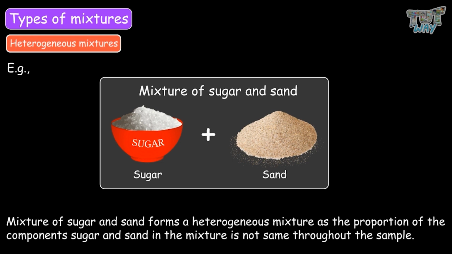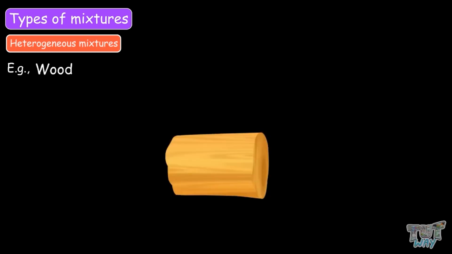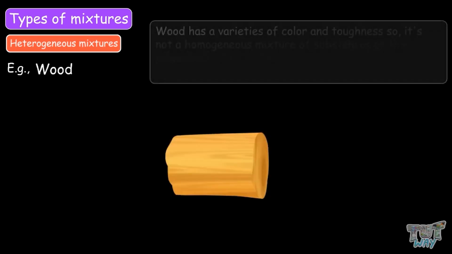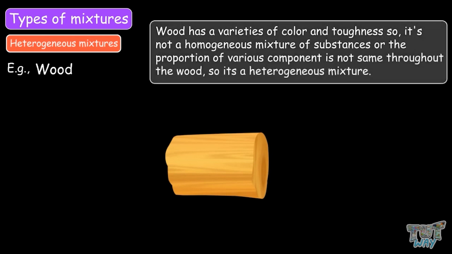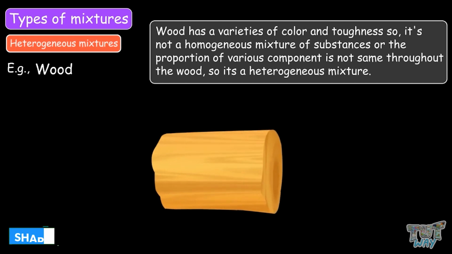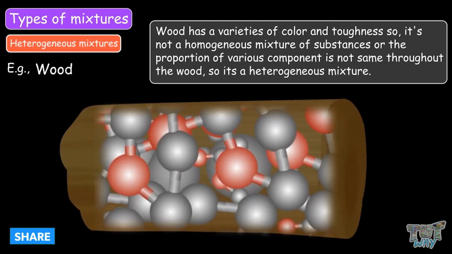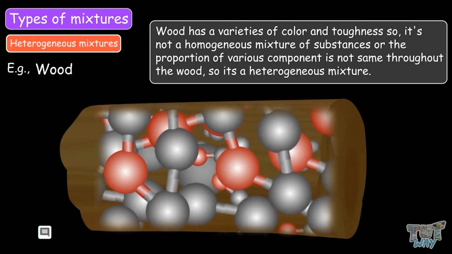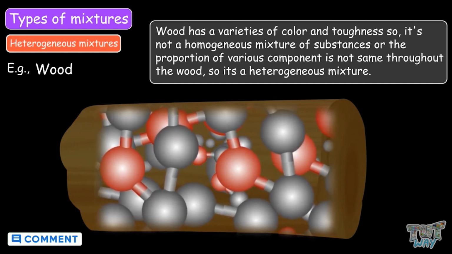Now let's have another example. Wood. Wood has varieties of color and toughness, so it is not a homogeneous mixture of substances, or the proportion of various components is not the same throughout the wood, so the wood is also an example of a heterogeneous mixture.